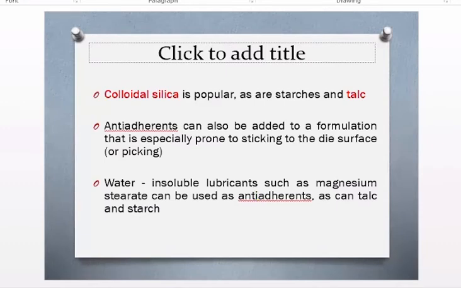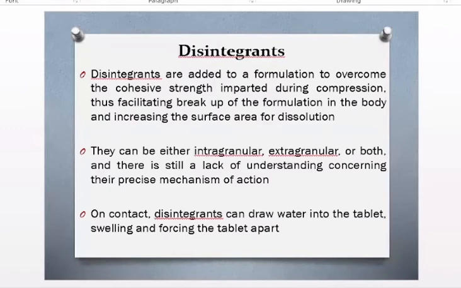Then you have another category of excipients referred to as disintegrants. So these are added to a formulation to overcome the coercive strength imparted during compression. When you compress the powder blend, you get this hard structure, but you want this hard structure to disintegrate once it reaches the GI fluids.